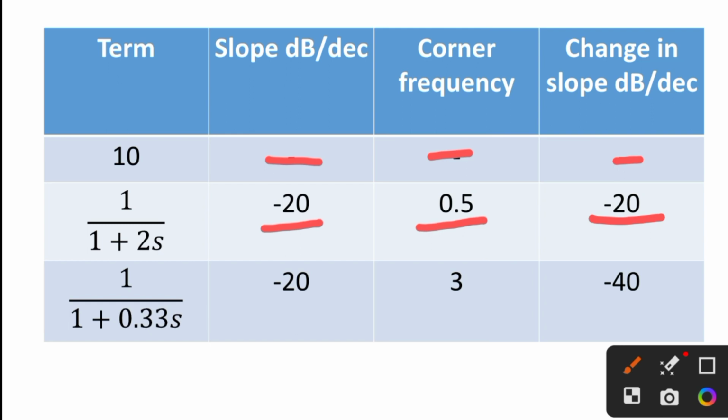Third term is 1 by 1 plus 0.33s. The slope is minus 20 dB per decade, and the corner frequency is 3, and the change in slope is minus 40 dB per decade.